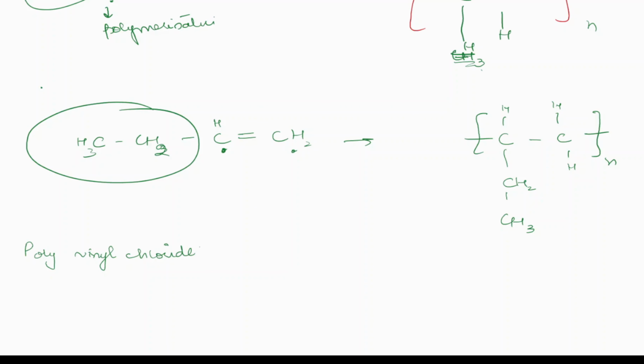Can you make the structure, instead of me writing it for you? Vinyl chloride is ethylene chloride, ethene with chlorine, yes.